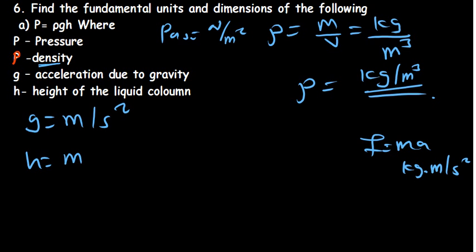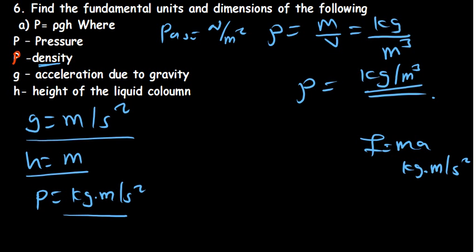So I'm going to replace Newton, meaning the SI unit for pressure is kg times meter per second squared. Now I can see that these are the fundamental units of pressure, height, acceleration due to gravity, and density.